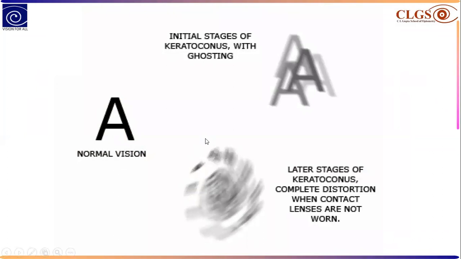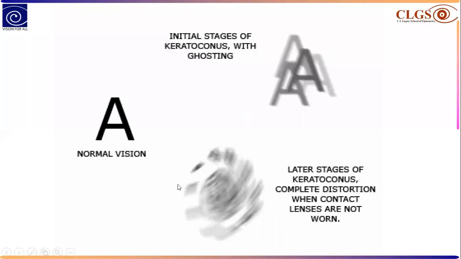Just to give a representing picture of how it appears to them. This is how we see an object with normal vision. And this is how a person with mild keratoconus will see, with a lot of shadowing. That is because of the astigmatism. But what happens when it goes to the moderate or severe stage?